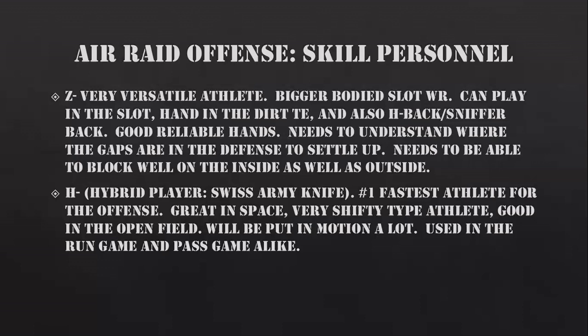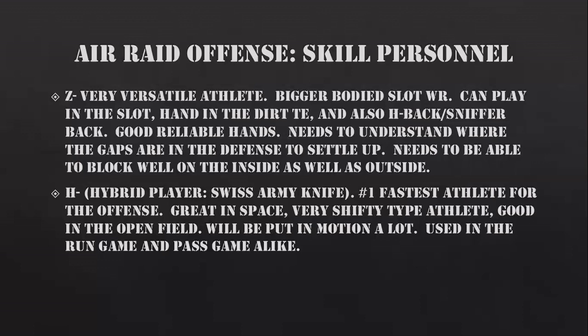So it's the fastest athlete for the offense, and a player that is really, really great in space. Okay, very shifty, good in the open field. All right. So again, like I said, the best, fastest, shiftiest athlete on the field. I put him in motion a lot. Motion him in the backfield, motion him around to switch sides of formations, jets, all kinds of things.